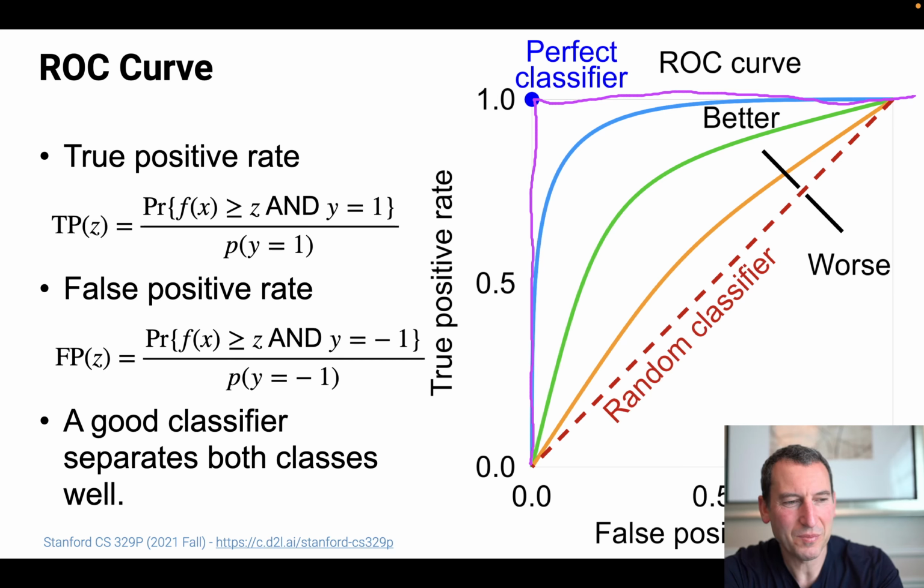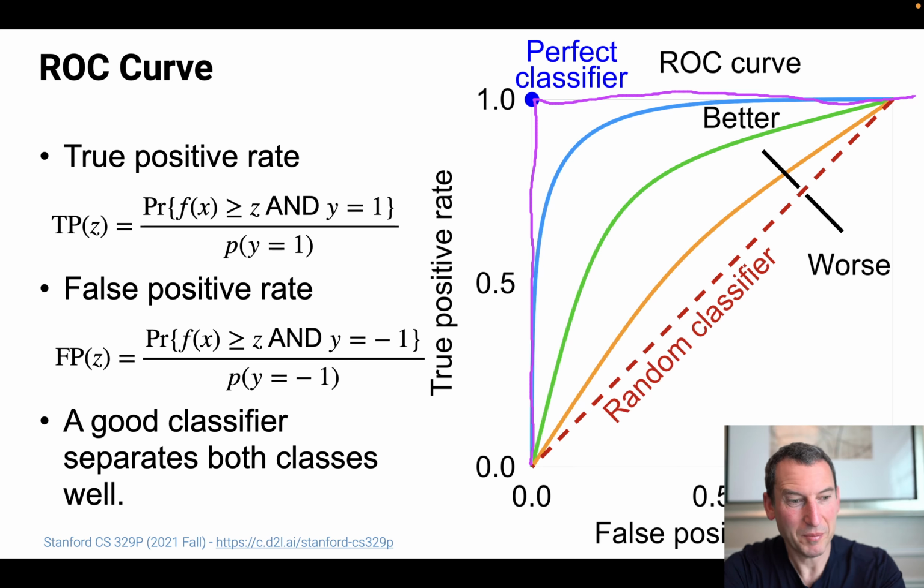Just to briefly refresh, the true positive rate is the number of positives that were identified as positive divided by the total number of positives, whereas the false positive rate is the number of cases where we decided it's positive, but it's actually negative, divided by the number of negatives.